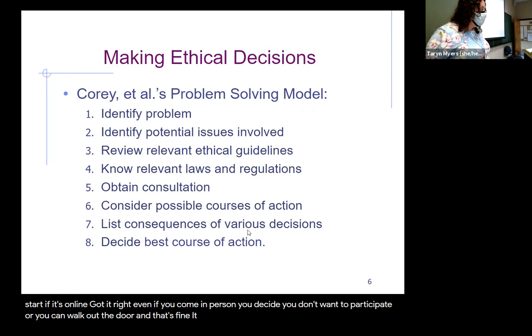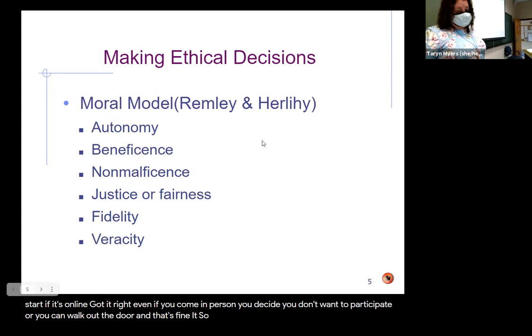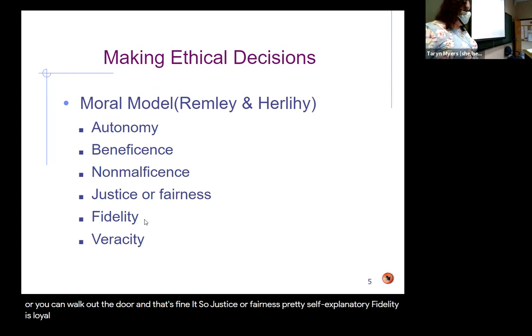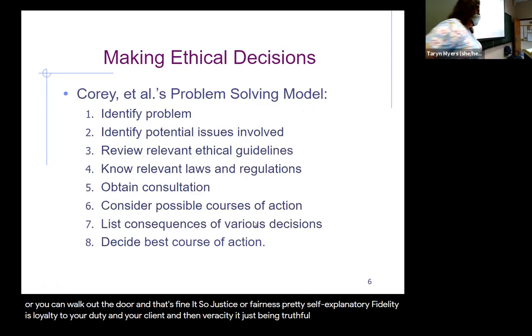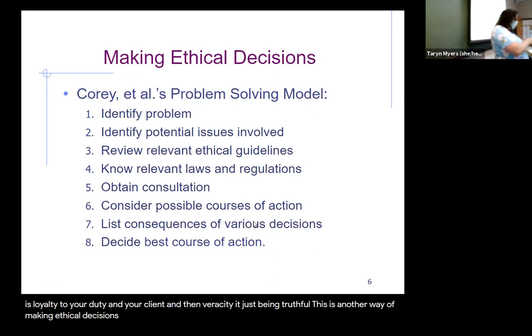Oh, it's okay. Sure. So, justice or fairness, pretty self-explanatory. Fidelity is loyalty to your duty and your client. And then veracity is just being truthful. And so this is another way of making ethical decisions. This is a problem-solving model.